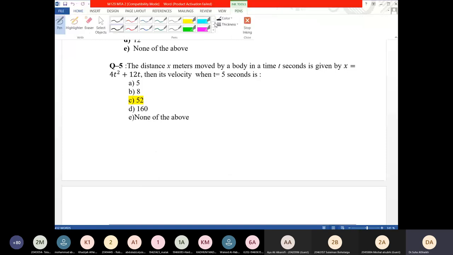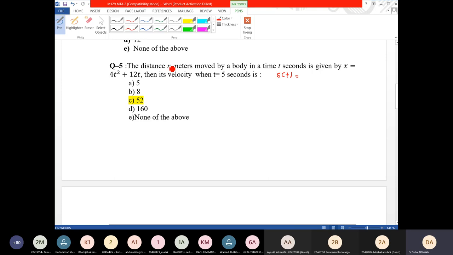What do we have? They said, let me take the red. Here we go. The distance in meters moved by a body in a time t seconds is given by this. What is this? This is s of t, right? They call it x, but it's s of t, which is the distance traveled.